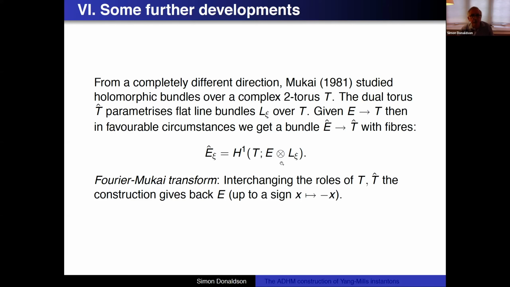We do have to take the involution of the torus mapping x to minus x, just as in the usual Fourier inversion formula, you need to put in a change of sign. So there are quite precise analogies between the Mukai construction and the Fourier transform.